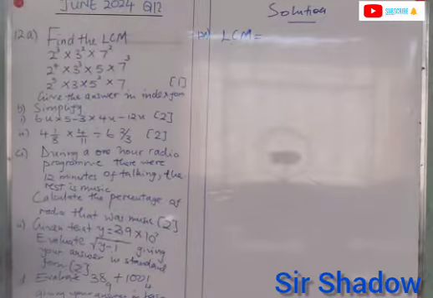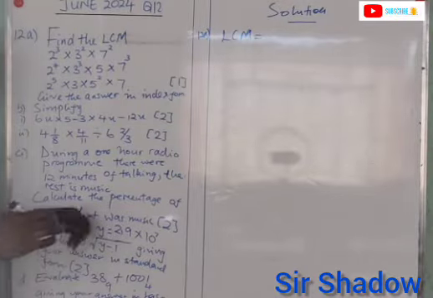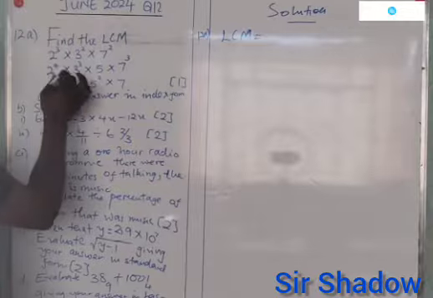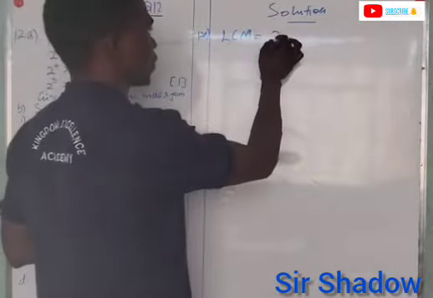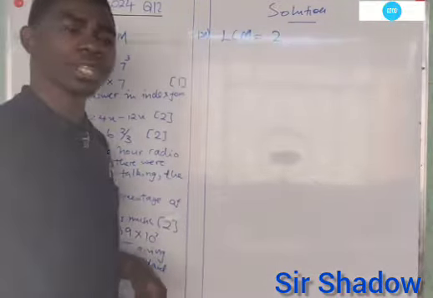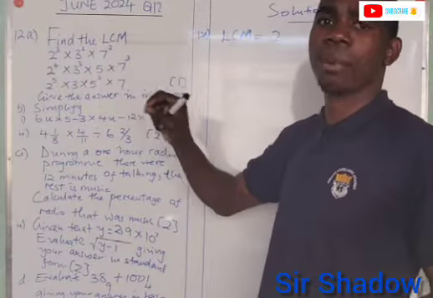For us to find the lowest common multiple here, let's first look at the smallest value we have. The smallest value we have is 2. For the lowest common multiple, we take the lowest value with the highest power.